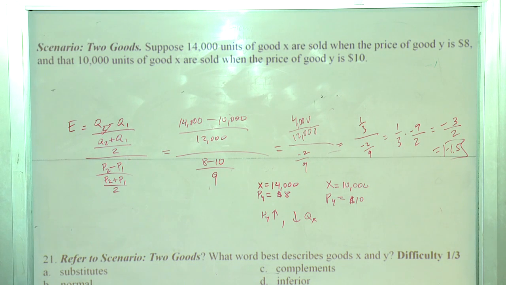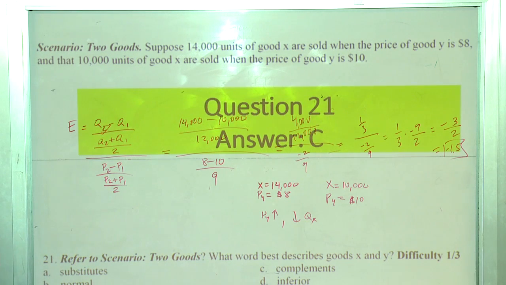When you go to the store and you want to get a hamburger, if the price of a hamburger goes up, you're probably going to buy less ketchup, right? Because you want to consume them together. Okay? So the answer for this one is going to be C. Any questions about this? Okay.